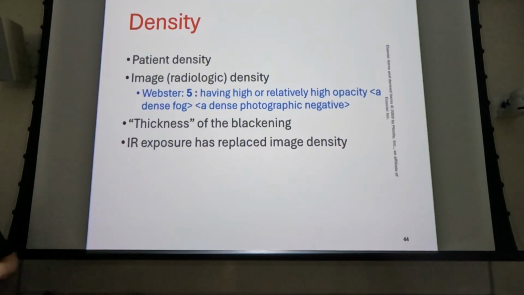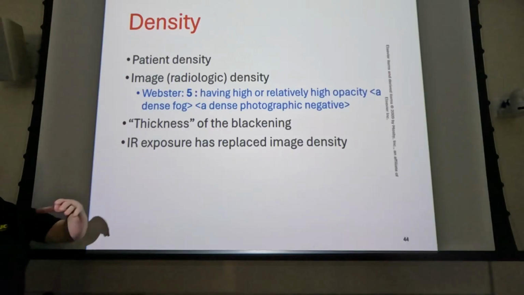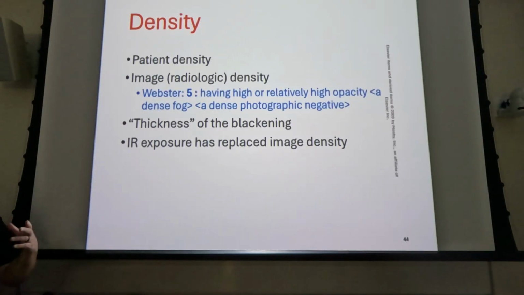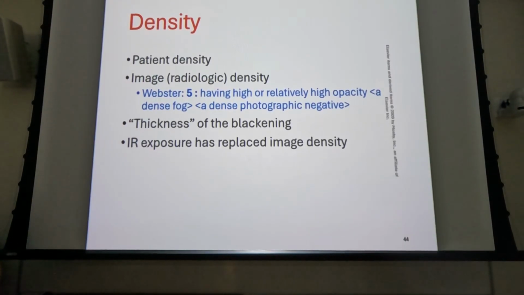All right, so radiographic density is how dark the image is, and it can be a specific area or the overall image. If you forget to collimate and half of your image is direct exposure to the image receptor, your computer doesn't know what you did.